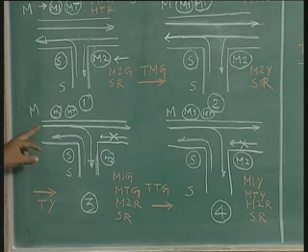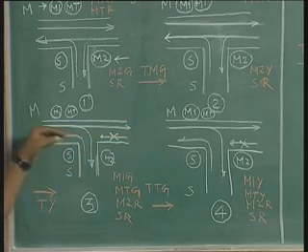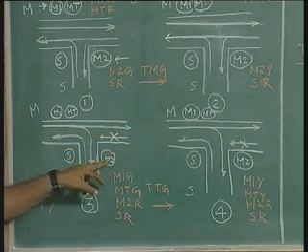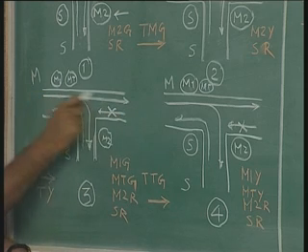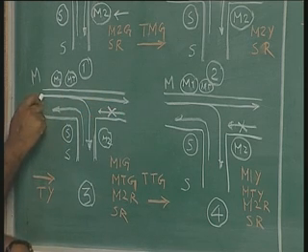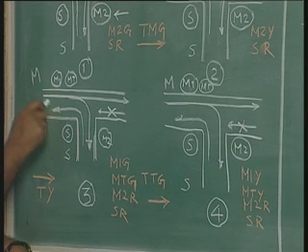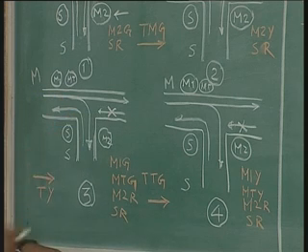In the third state, main continues to flow, there is no problem, but M2 is now red. Left to right traffic is no problem, but from right to left I cannot allow traffic, because I have to allow the traffic from main to side. To allow this turn, I need to block this traffic.